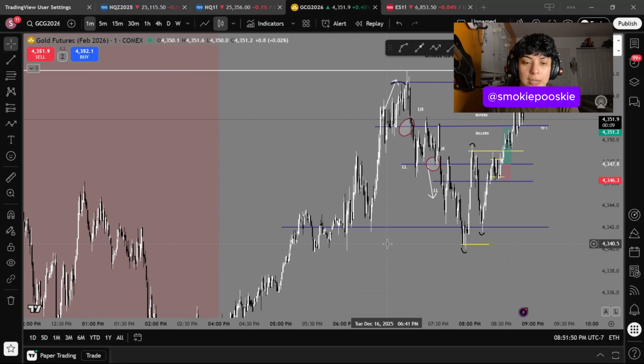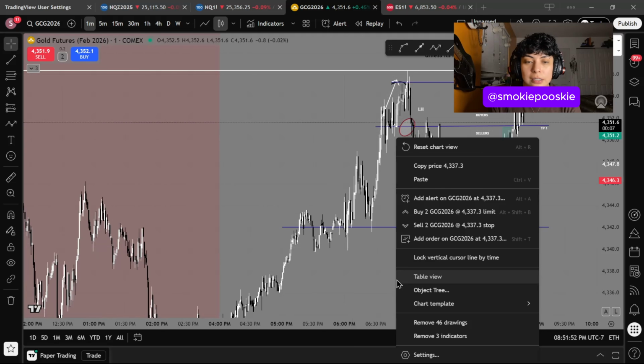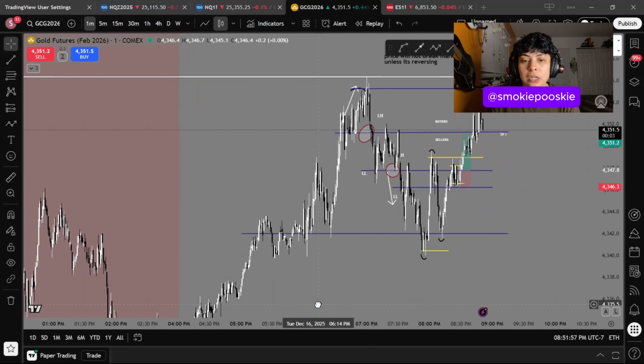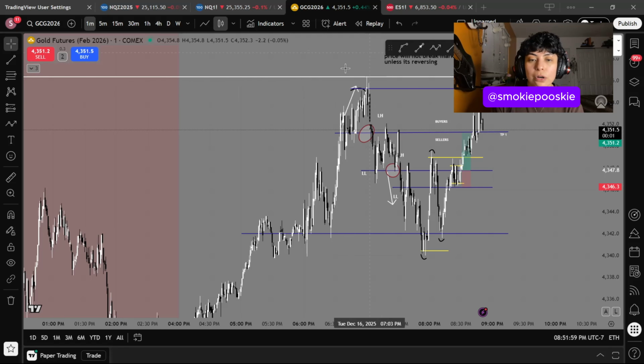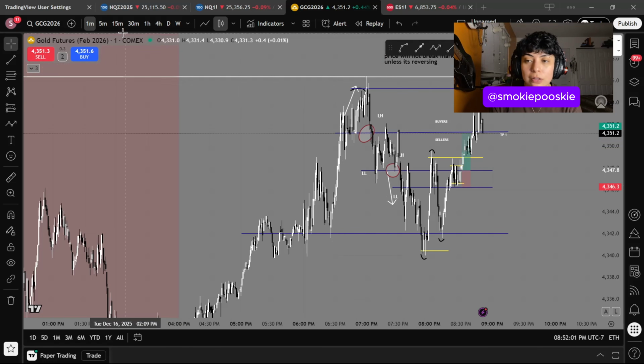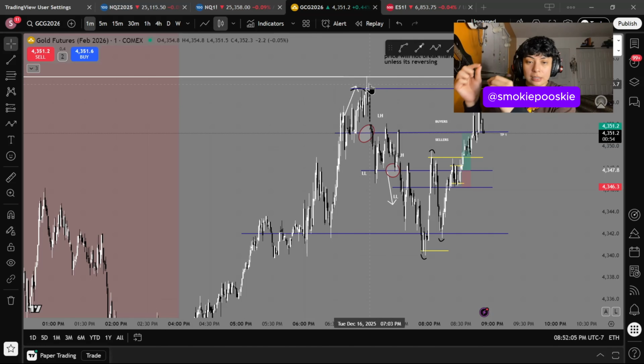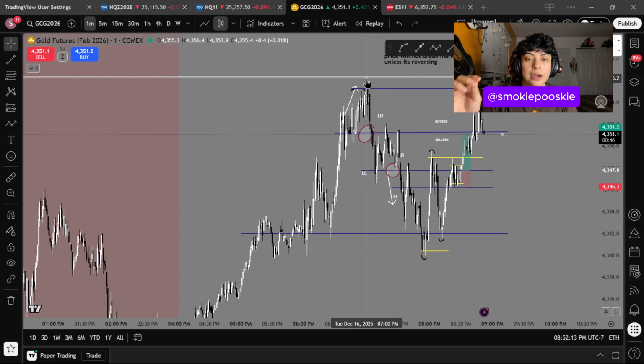Or you can say it corrected, because all of this was bullish until it reached that 4 hour level on the 1 minute. See how all of this is connecting, okay? See how all of it's connecting. Let me pause. On the 1 minute, we went all the way up to the 4 hour.